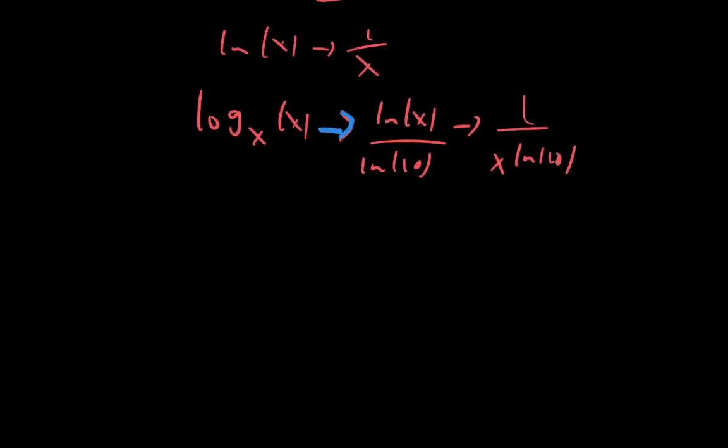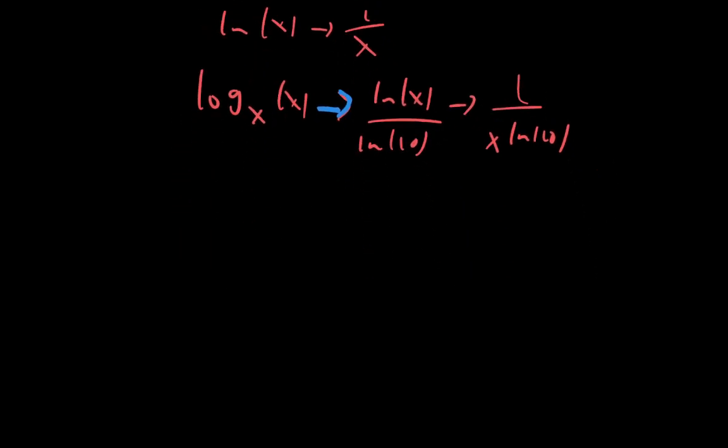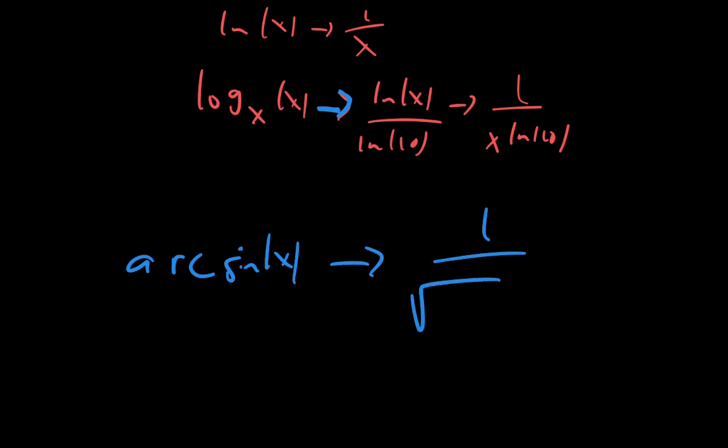Some more derivatives that show up, mostly when it comes to integration and other stuff, but the arc sine becomes 1 over the square root of 1 minus x squared.